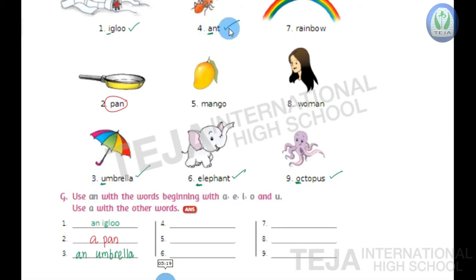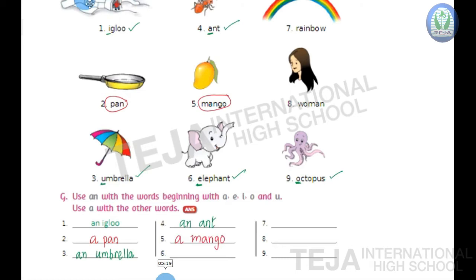So what do we have to write? An ant. Write an ant in the blank. Now next, fifth word, mango. Now mango, the beginning letter is M. M is a consonant. So write a mango in the blank. A mango.